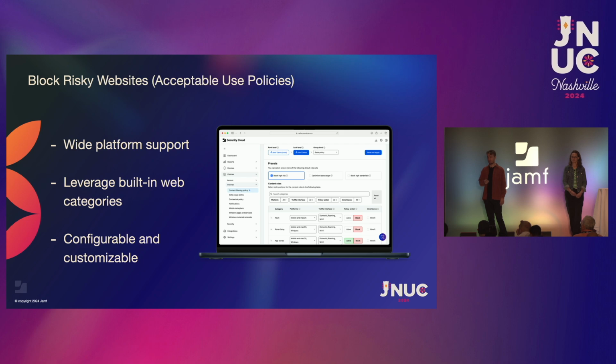We particularly see social media employed as a part of social engineering techniques. Third-party app stores for mobile, and as I said, Gen AI, ChatGPT, or other tools. You can also use custom blocking, so you can benefit from what Jamf and our Threat Labs team are defining as risky or not ideal, but you can also build and define your own policies that you want to take across as well.